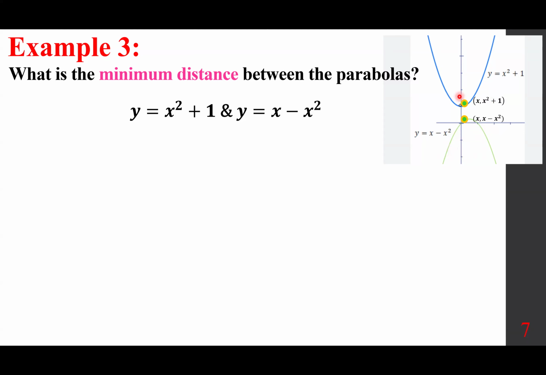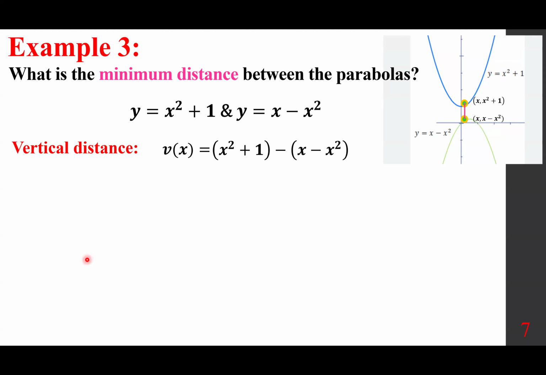And the distance that we are looking for is this red distance, which is the vertical distance. Let's call it v of x, which is the y coordinate of the top, x squared plus 1, minus the y coordinate of the bottom, which is x minus x squared.